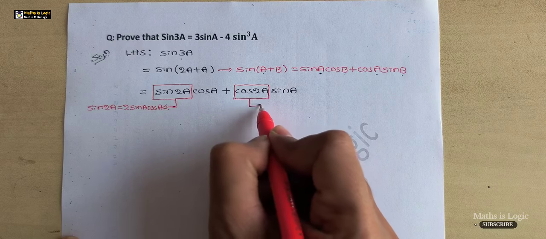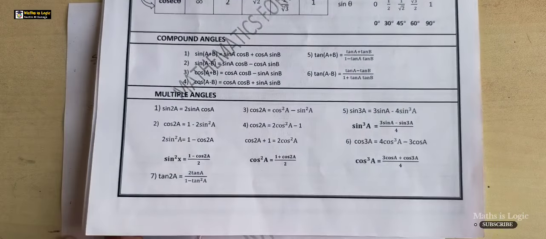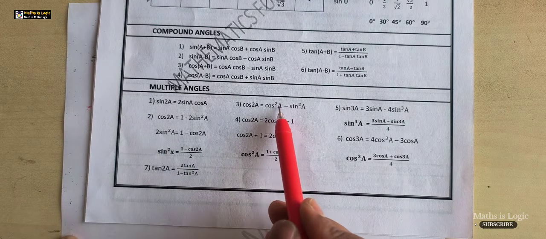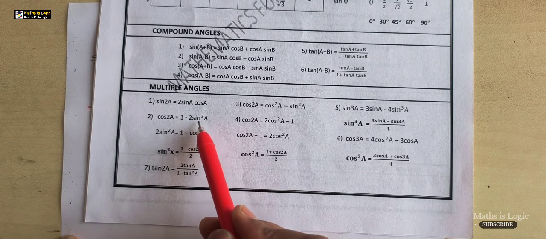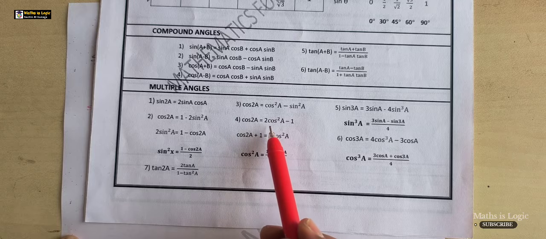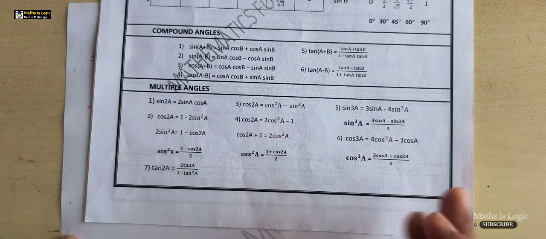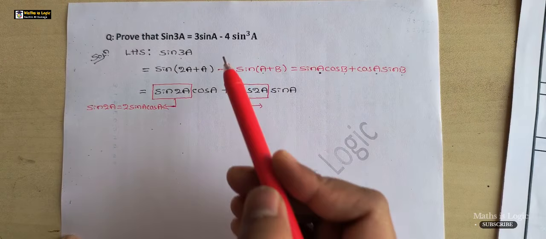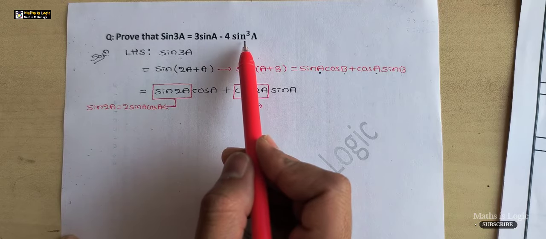Next, cos 2A. There are three formulas for cos 2A. One is cos square A minus sine square A. Second, cos 2A is 1 minus 2 times sine square A, and third, cos 2A is 2 times cos square A minus 1. In these three, which formula do we need to apply? It is simple. The final answer we have to show in terms of sine itself.